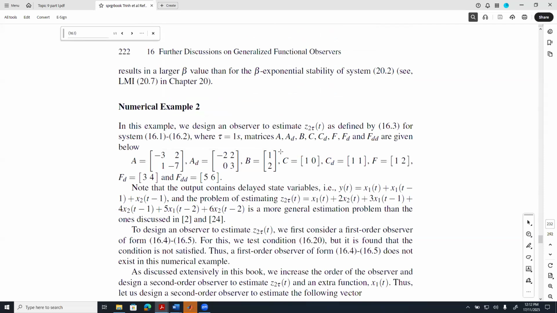We have, remember, the information about the output measurement here. We can't get any of the stack variables explicitly. So for this problem, let us estimate the 2 stack variables for this time delay system.